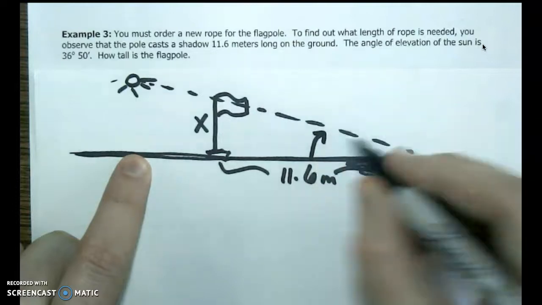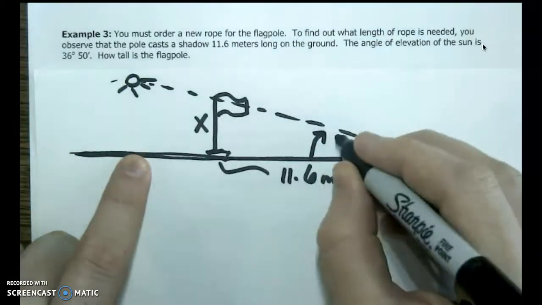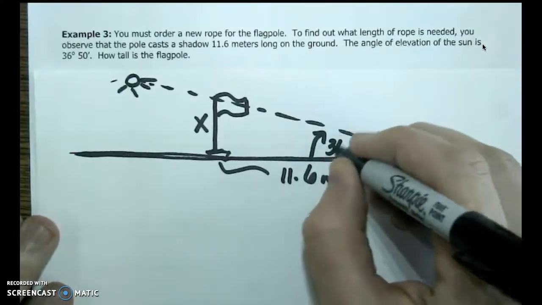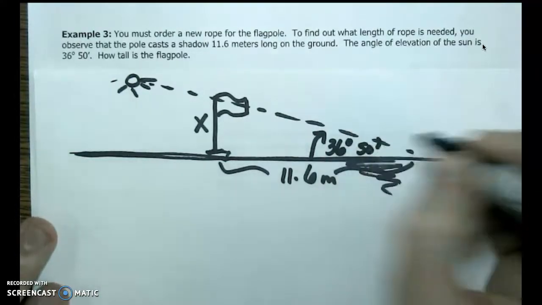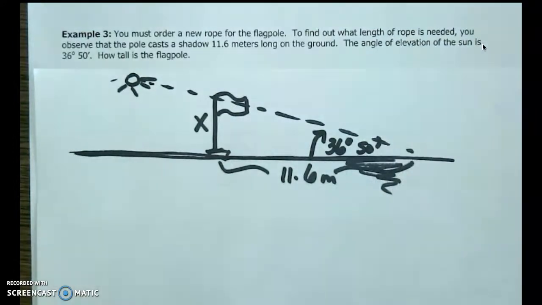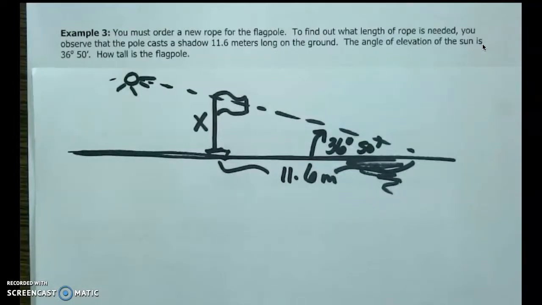This is the horizontal line, and we are rotating up to another line. That's 36 degrees 50 minutes. So angle of elevation, horizontal line, rotating up. We also can think of that as standard position, because remember, in standard position, the angle has to come from the x-axis.